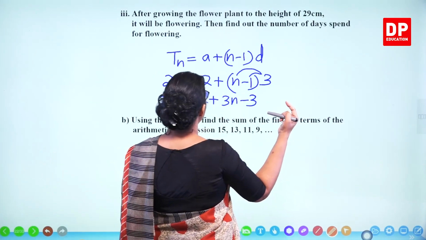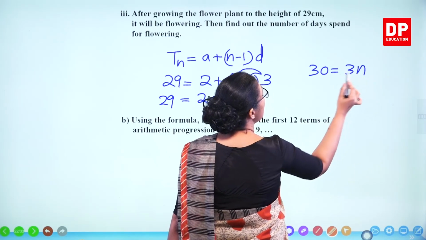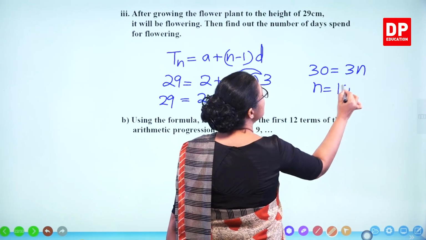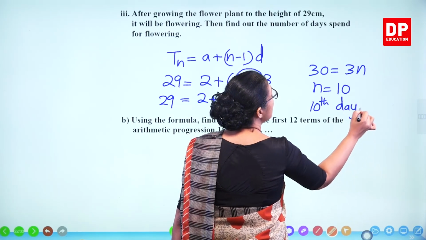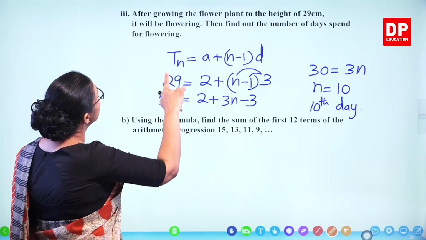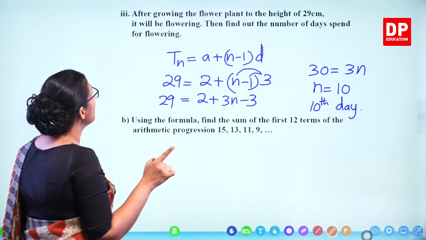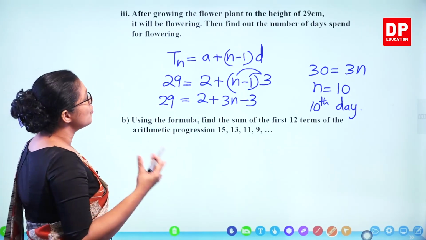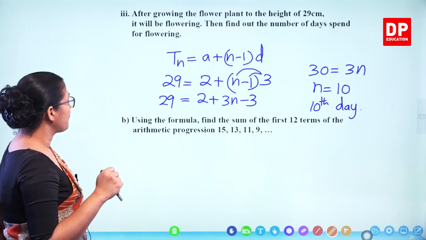That's 30. 30 equals 3n. N becomes 10. So that means 10th day, growing the flower plant to the height of 29, it will flower. So after 10th day, you get flowers.